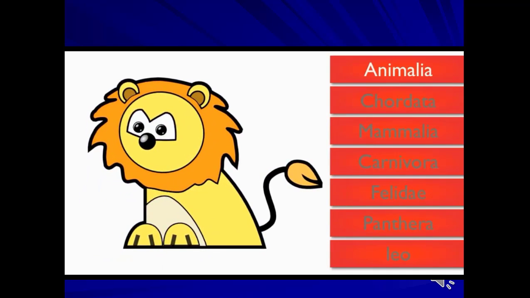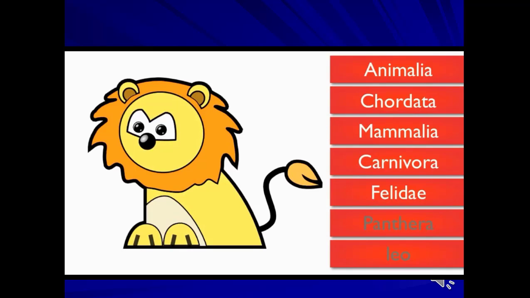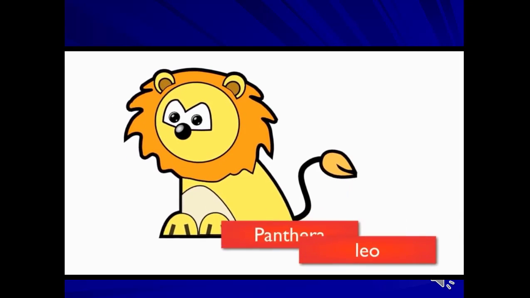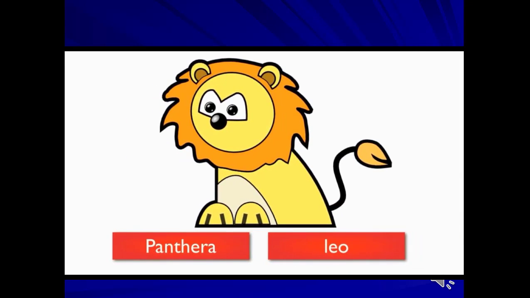So a lion is an animal with a backbone that has hair or fur, eats meat, has retractable claws, can roar, and goes by the name leo. The lion's scientific name is Panthera leo. Scientific names are an organism's genus followed by its species.